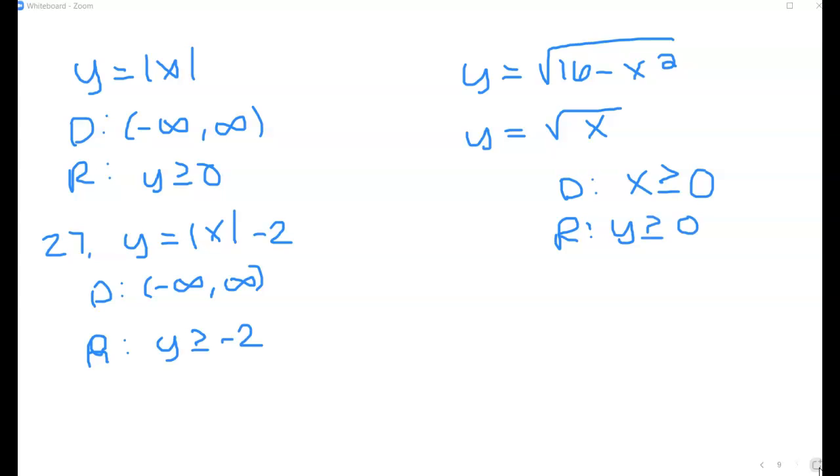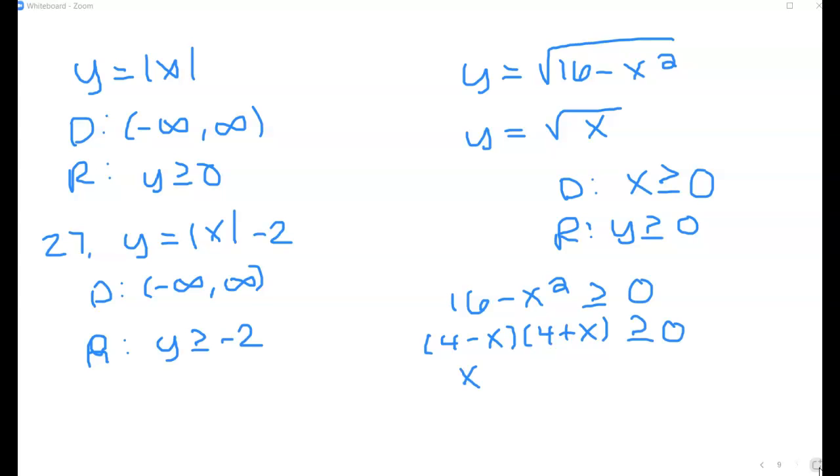So in something like this, we need 16 minus x squared to be greater than or equal to 0. But that's 4 minus x, 4 plus x, greater than or equal to 0, which means you have x equaling plus or minus 4. So your greater than or equal to 0 is going to either live between or outside.